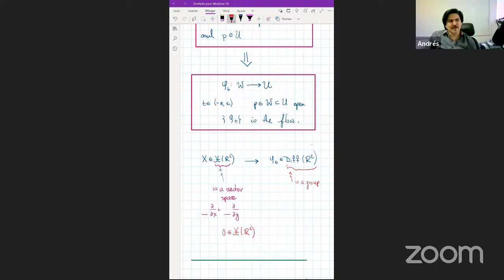So the identity element, what is it? The identity map. Okay, this is the identity element of the group, the identity function. Okay? Good.